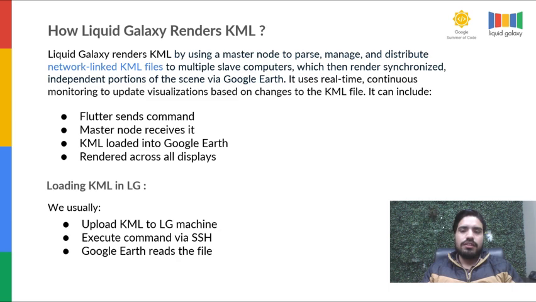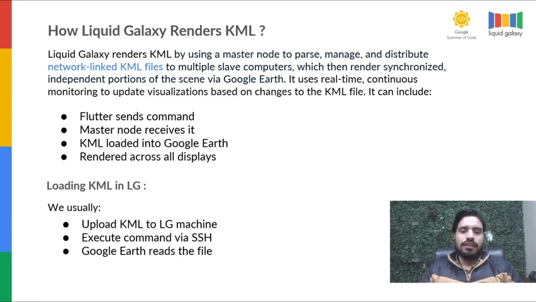Means we generally send a command from the client side, then the master node, or master main computer, receives that KML file, then opens it and reads it, then sends instructions to the respective slave machines. So in this way the whole rendering of KML is executed, because they are connected with each other and because they are synchronized.